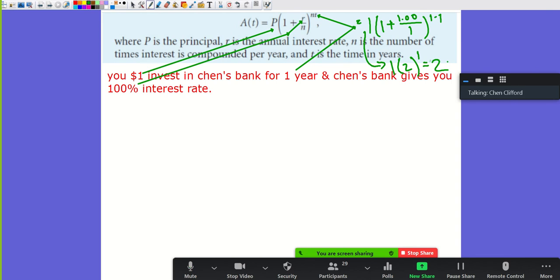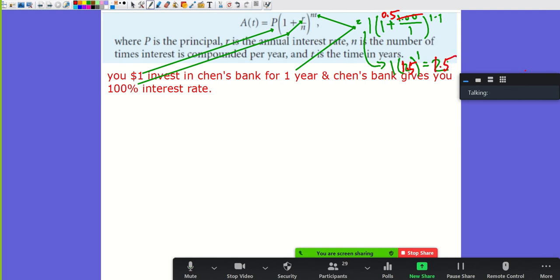All right, now let's say I only give you 50% interest rate. Let's play around with some numbers. 50% interest means this would be a 0.5, and this would become a 1.5, which means this becomes a 1.5.